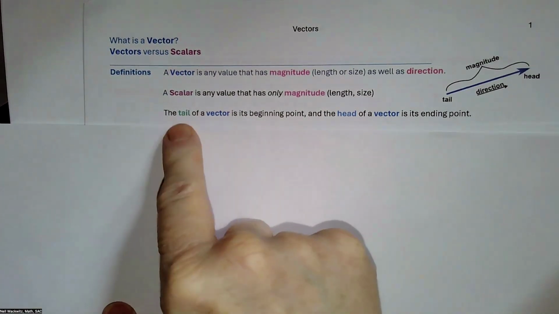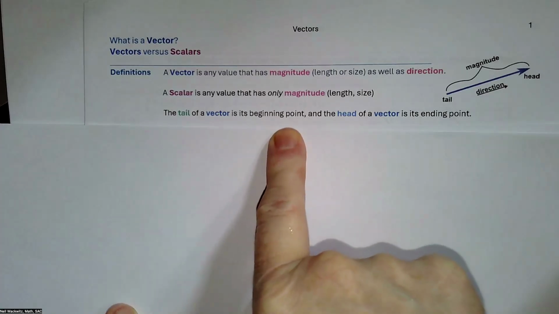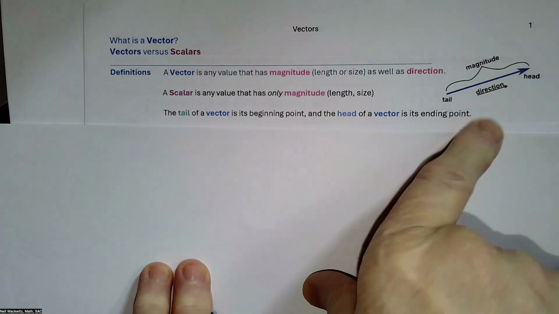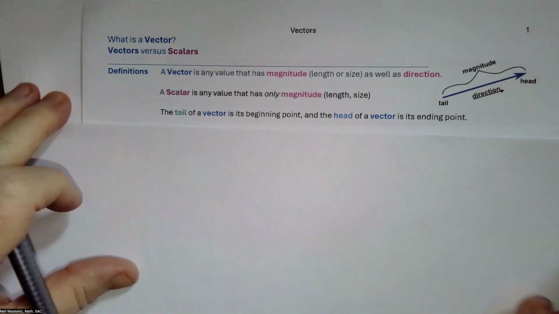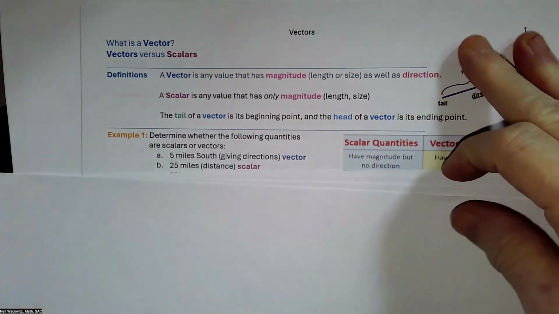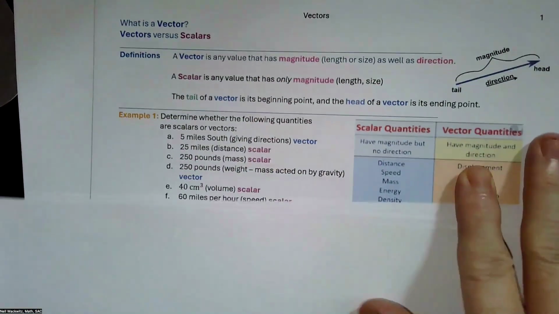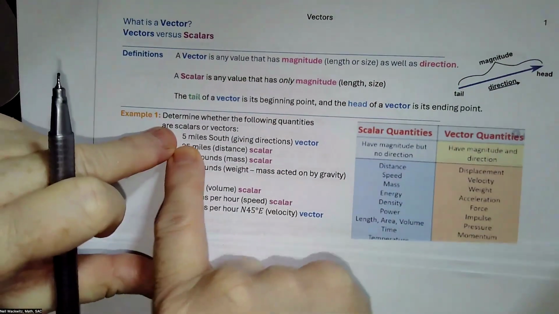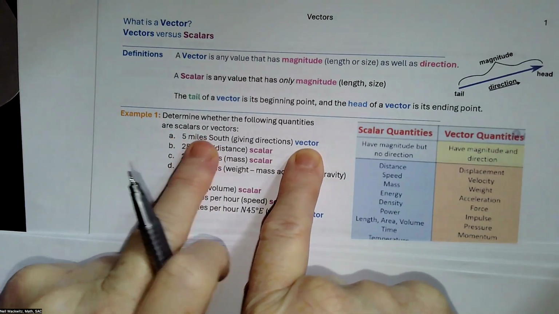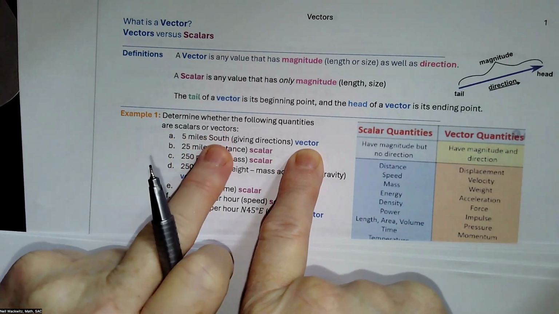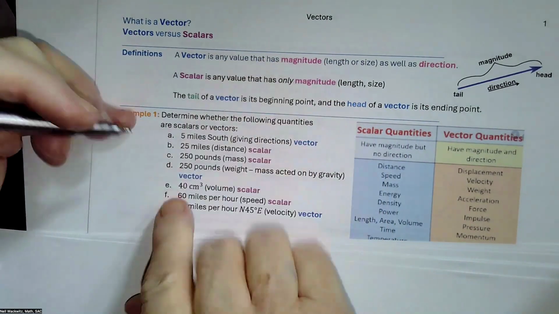some notation. The tail of a vector is the point at which it begins. The head of a vector is the point at which it ends. You can see this little image. Five miles south is a vector because it's an amount and a direction. 5 miles would just be a scalar.